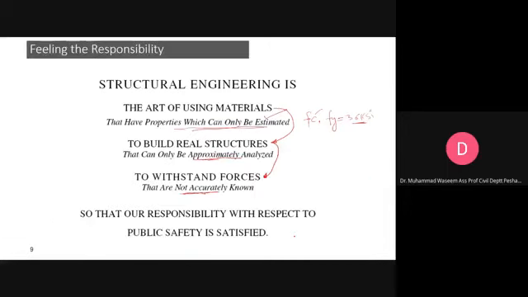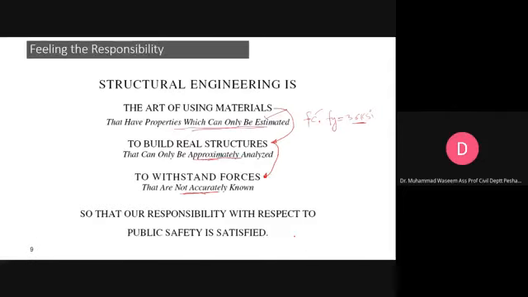Okay, the next step is the loads. But before going to the loads, there is a definition of structural engineering. Okay, this is just an elaboration of what we call structural engineering. Structural engineering is the art of using material to build real structures so that they can withstand the forces which will be exerted over them during their lifetime.